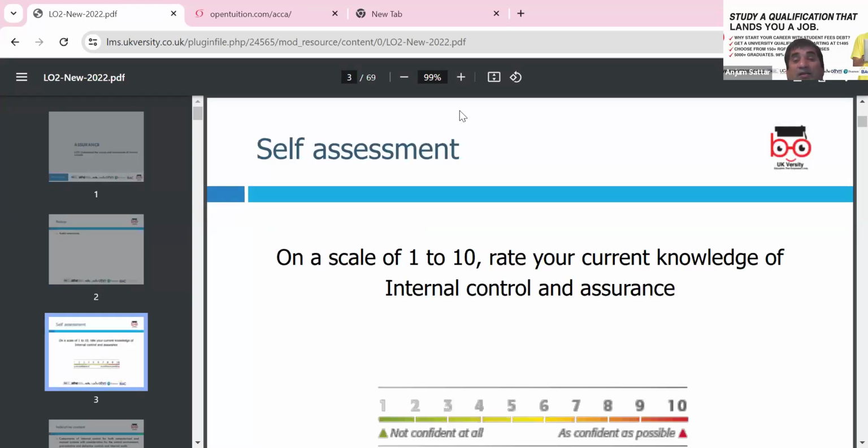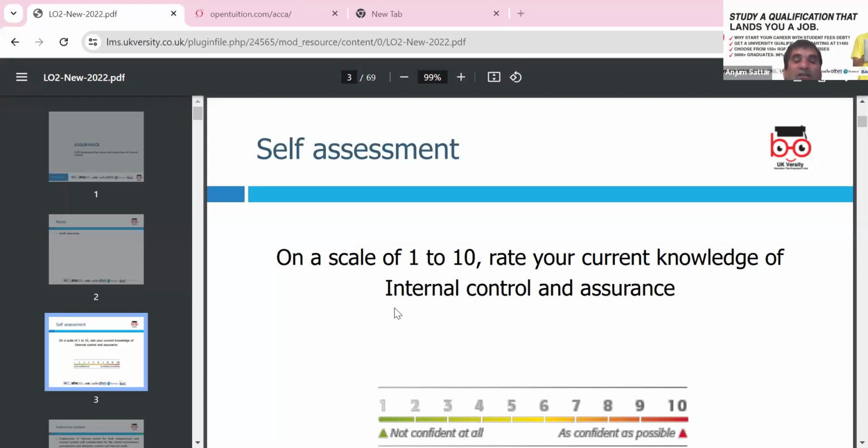Yes, internal control. The plan is what we're supposed to do, and control is a corrective action. So we have a control in place. If we have poor control, we raise the high risk of the organization not achieving its objective.